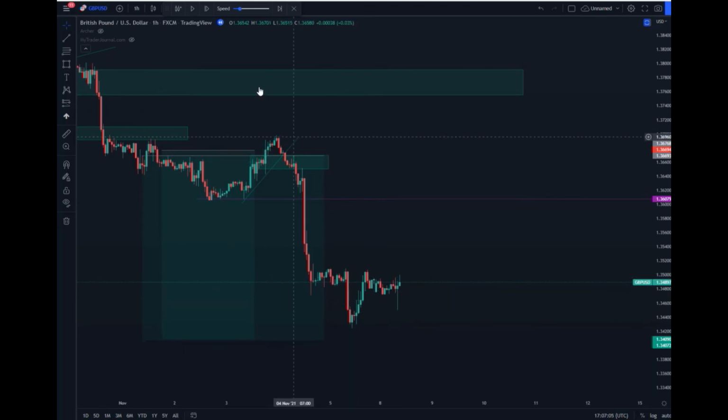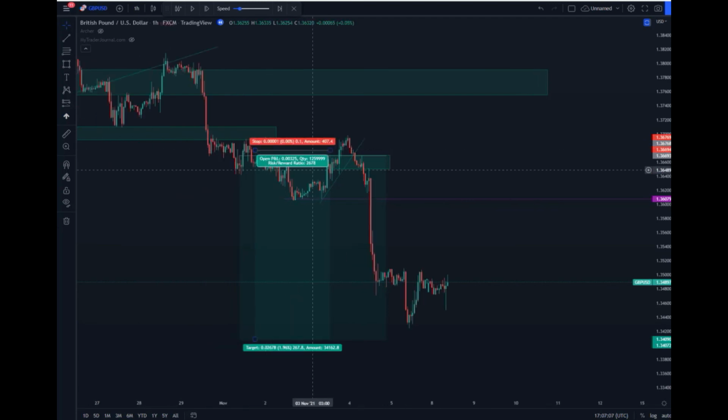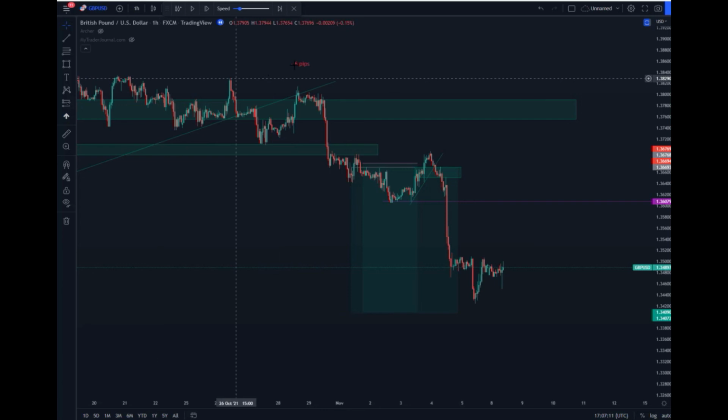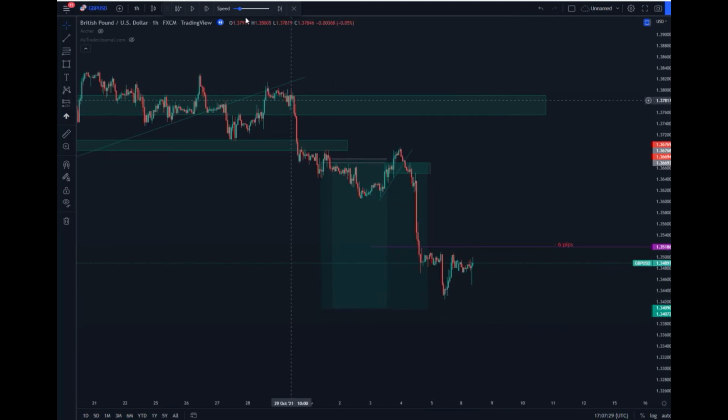Remember, guys, our first trade we were 6 pips negative. I'm gonna bring this over here, and then I'm gonna move my stop to this level here. So let's just imagine that this is our stop loss. If it hits this place, we're out. If it takes profit, cool. Regardless, it was a good trade.